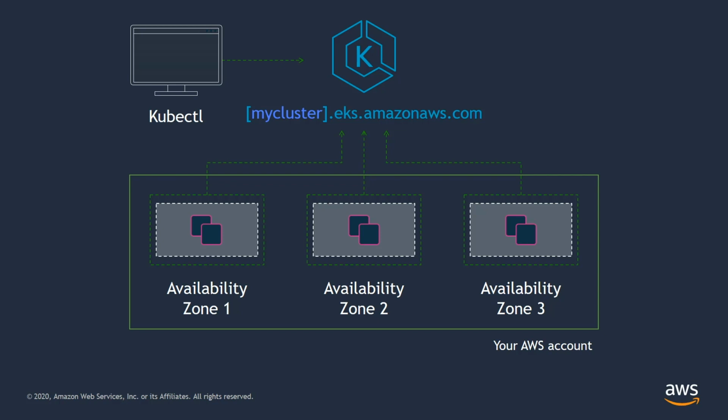With Amazon EKS managed node groups, you don't need to separately provision or register the Amazon EC2 instances that provide compute capacity to run your Kubernetes applications. All managed nodes are provisioned as part of an Amazon EC2 autoscaling group that is managed for you by Amazon EKS. Last step is to deploy your workloads onto your EKS cluster. You will have full control over how you build your application on top of this cluster.